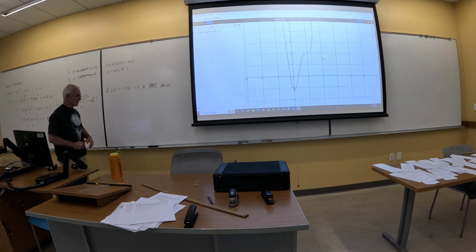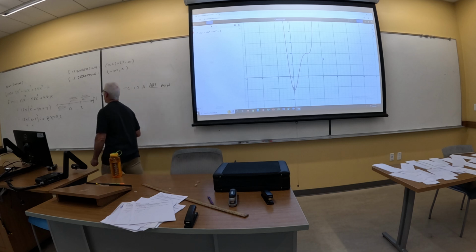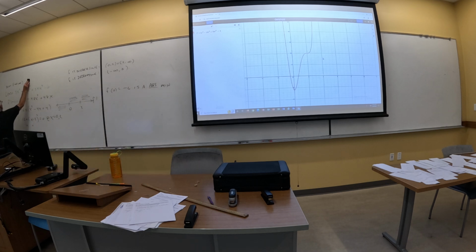Kind of cool. Now I want to go back to a problem we did last day so that we could fast forward a little bit. We did a problem last day involving a root. Help me out here. I think it was something like x to the 2/3 times x minus 5.